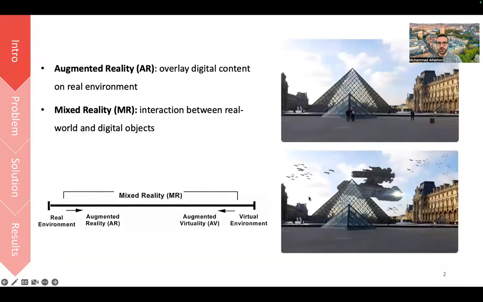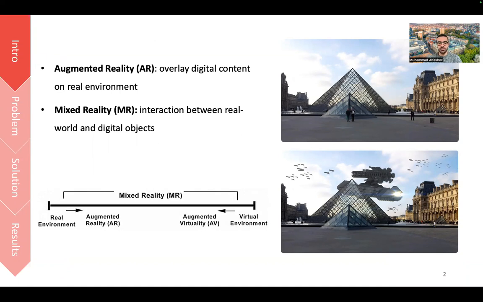So just to start with, what is actually augmented reality? In augmented reality, we mean overlaying digital content over the environment, as you can see in the image on the right, where the spaceship is digitally superimposed on the image of the Louvre Museum. And when we have an interaction between the real object and the digital object, this is what we call mixed reality.